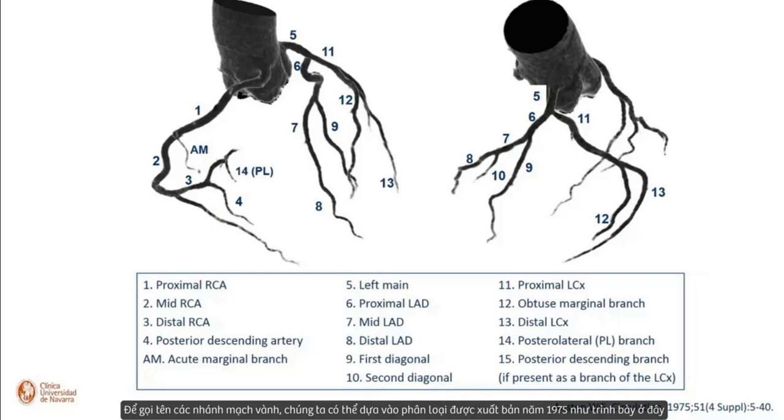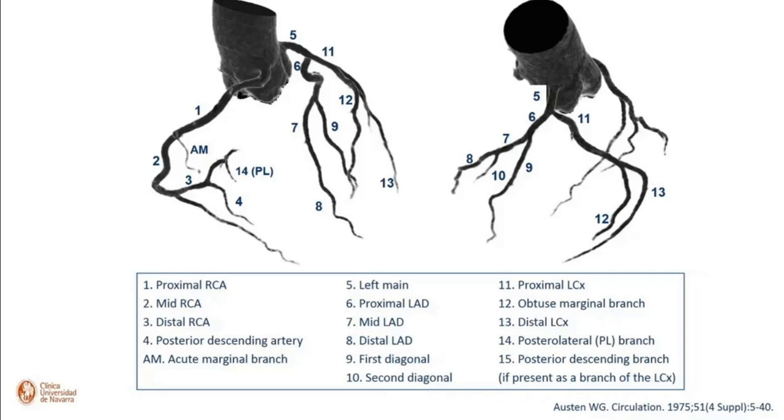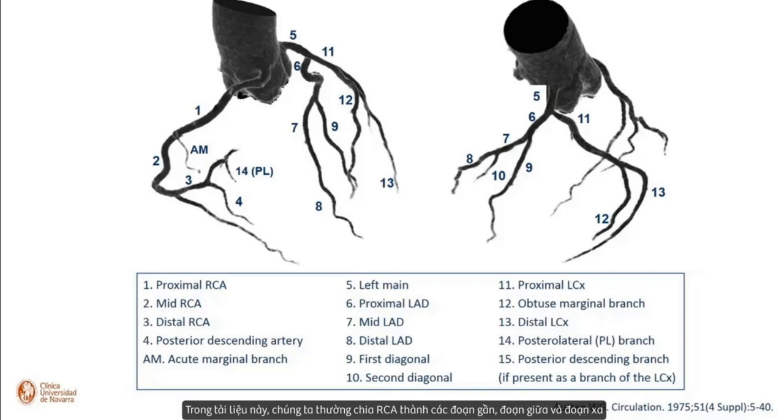The nomenclature that we generally employ to call the different coronary segments is based on this classification published in 1975. For this purpose, we usually divide the RCA into the proximal, mid, and the distal RCA, and the distal RCA will give off two branches, the posterior descending coronary artery and the posterolateral branch.